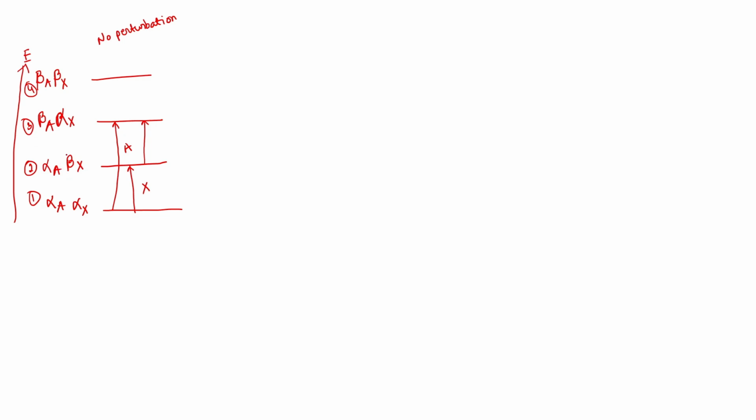No. Let us first consider 2 to 3. 2 to 3, alpha A to beta A, means A alpha to beta. And X also is going from, have I done this correctly?